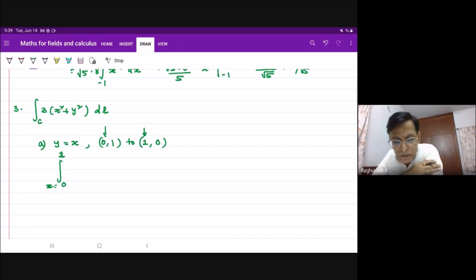What is this? 0, 0 to 1, 1, no? Along y is equal to x, can it be 0, 1 to 1, 0? I really did not take it properly. Along y is equal to x, no, it cannot be. It can be 0, 0 to 1, 1.